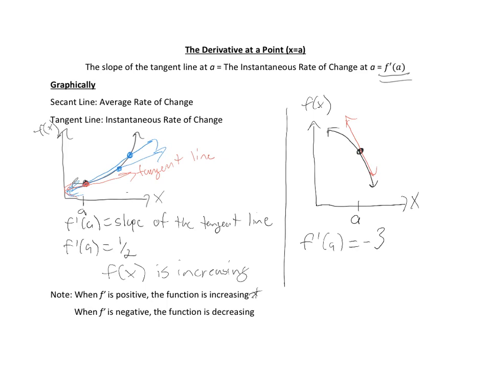If you look at my graph on the right, f of x is decreasing. If the function is decreasing, then f prime, the derivative, must be a negative number. So increasing functions have positive derivatives. Decreasing functions have negative derivatives.